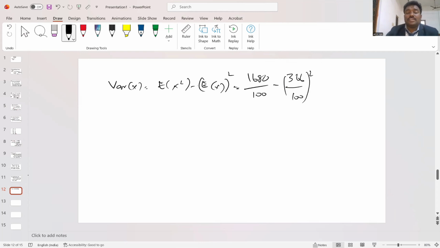So this will give you the variance of x value. Next, we have to multiply this value with 9. So it will give you the total value of variance of 3x minus 4.